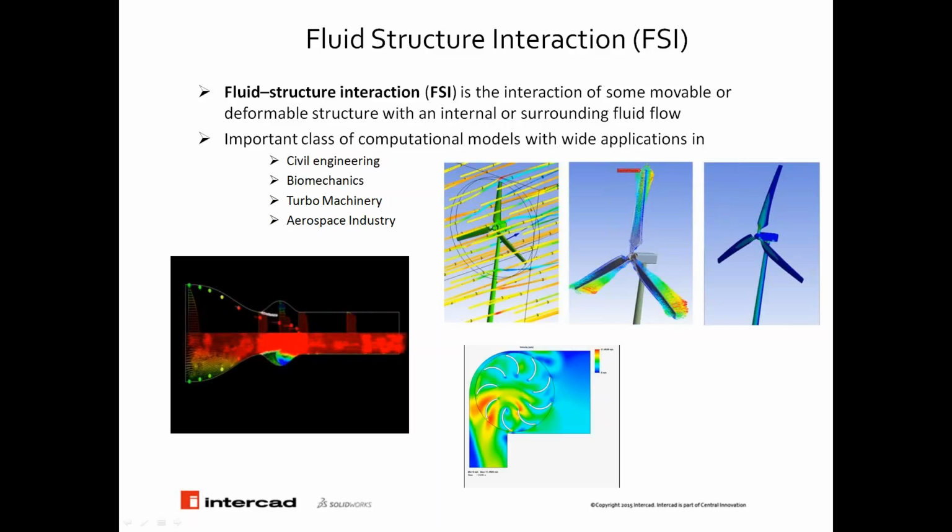This brings us a very important class of computational models with a wide range of applications in civil engineering, biomechanics, turbo machinery, and the aerospace industry. Therefore, it is very important to understand how we can do this coupling, how this analysis should be approached, what the different methods are, and what we can get from each method.